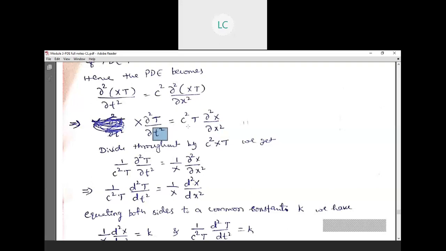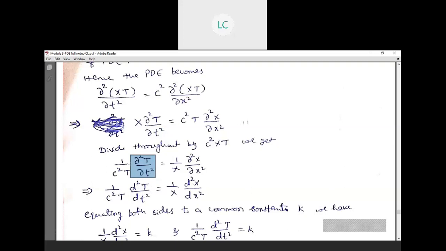Now to separate the variables, we should divide throughout by c² XT. Then we'll get (1/(c²T)) ∂²T/∂t² is equal to (1/X) ∂²X/∂x². (1/(c²T)) ∂²T/∂t² can be written as d²T/dt², because T is a function of a single independent variable.